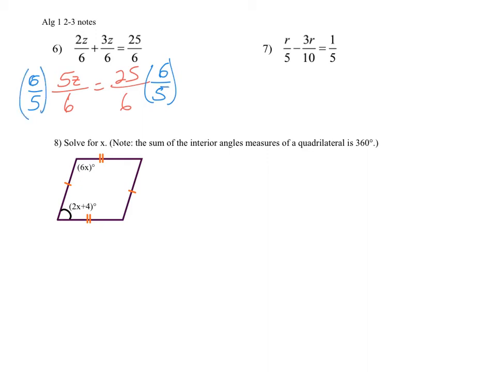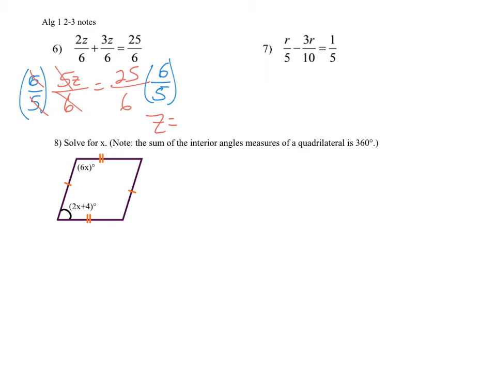So when we do that, that causes the 6's to cancel out, and those 5's to cancel out. And then we're going to end up with z equals 25 times 6.